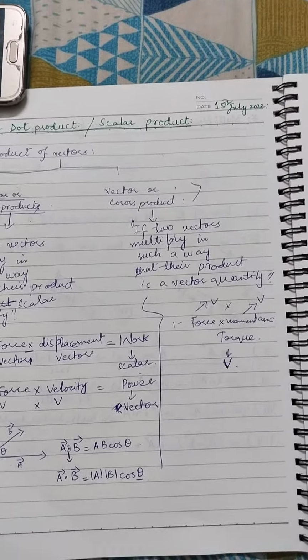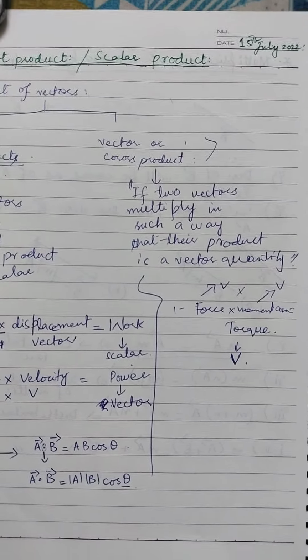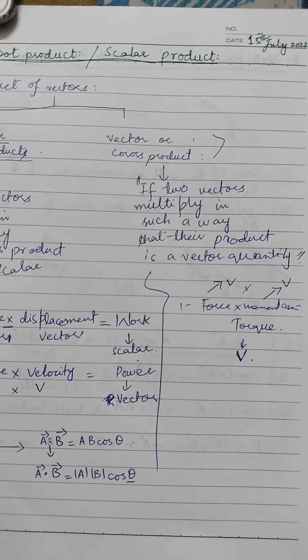An example of vector or cross product is force into momentum, that is basically a torque. The answer or result is torque. Force is itself a vector and momentum is a vector, and their answer is again a vector, so it is called vector or cross product.